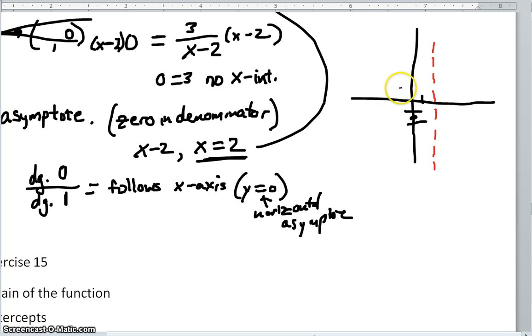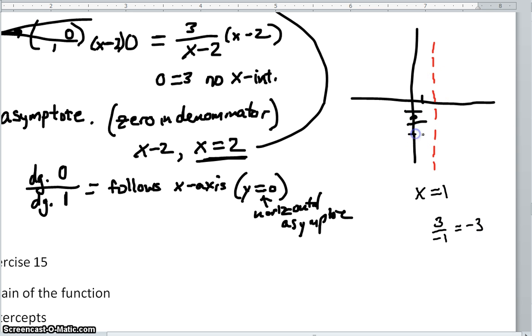Well, let's see what happens when I get closer to this vertical asymptote. If I pick 1 for this graph, what happens? Well, I get 3 over a negative 1, which is a negative 3.